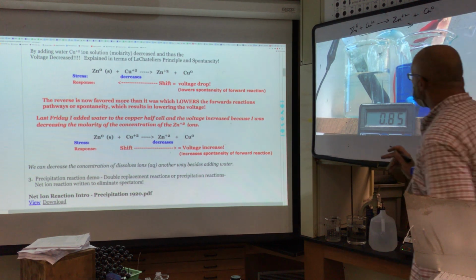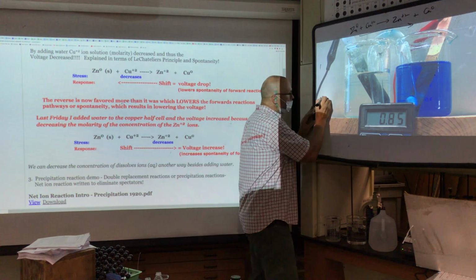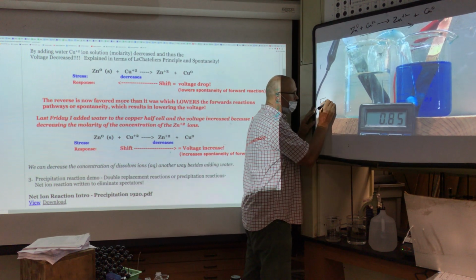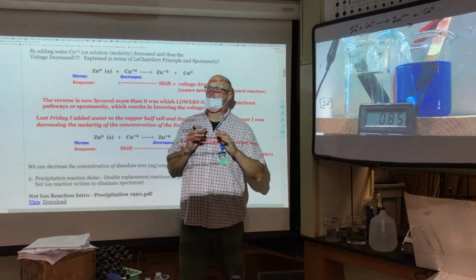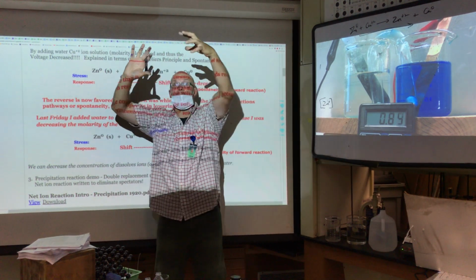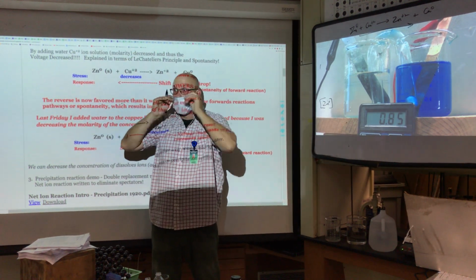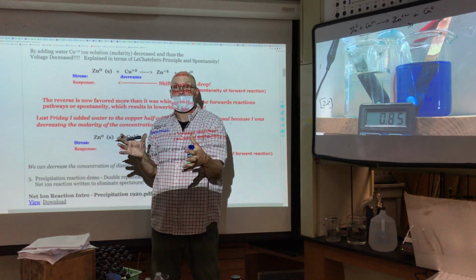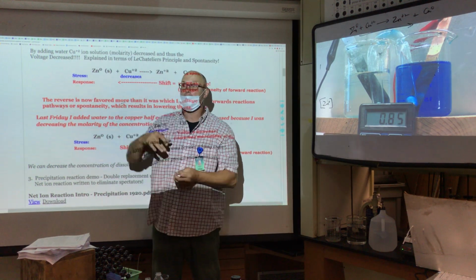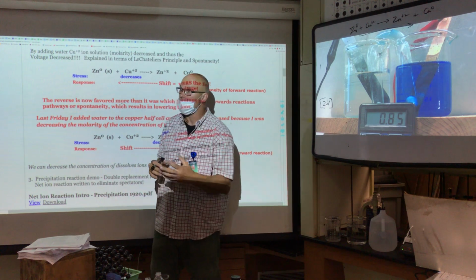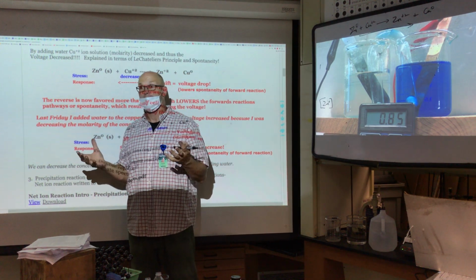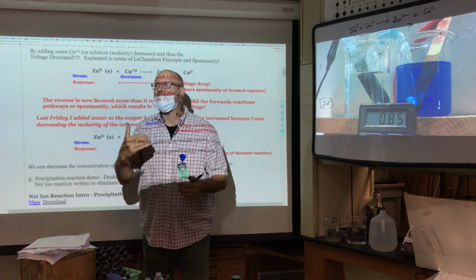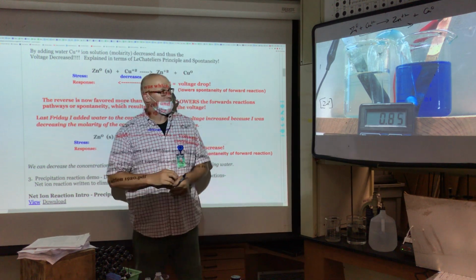Well, I should be writing these ions like zinc +2 in brackets. This means molarity. Molarity is a ratio of how many ions divided by how much water in liters in volume. If I add more water, I'm not taking out zinc +2, but I'm increasing the amount of water, so the ratio is decreasing. It's getting dilute, right? That's what this is.